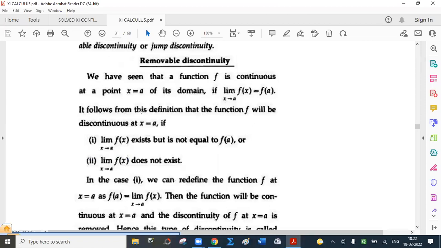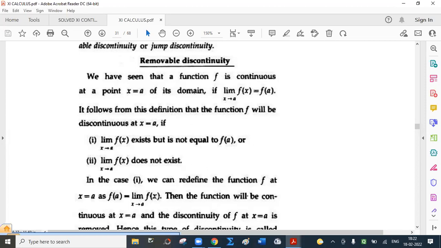Now there is one more possibility for a function to be discontinuous, that the limit exists but it is not equal to f of a, right? So in that case we say that the function is discontinuous, but this discontinuity is removable. How to remove this? We redefine the function f at x equal to a as what? It should be equal to limit x tends to a of the function f of x.